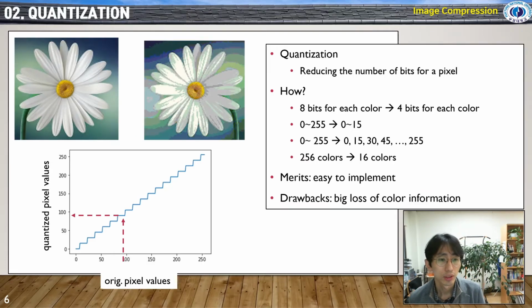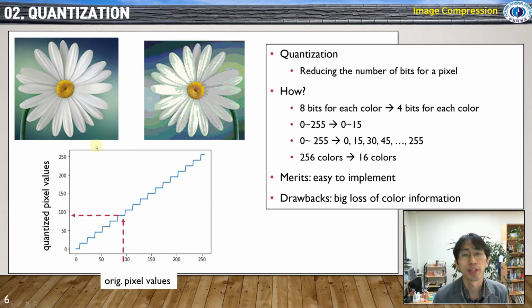Okay, first you need to understand the classical method of image compression. The first thing you need to understand is quantization. Quantization is reducing the number of bits for the pixel. I already told you that we need 8 bits to express a color in a pixel, which means we can express the value from 0 to 255.